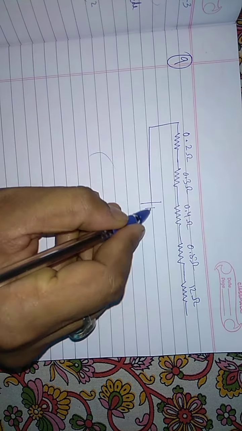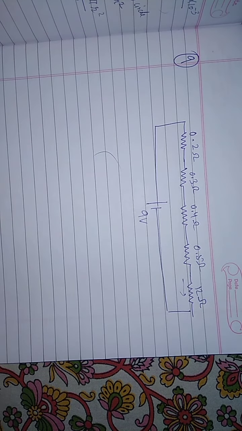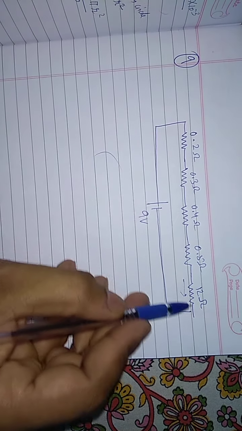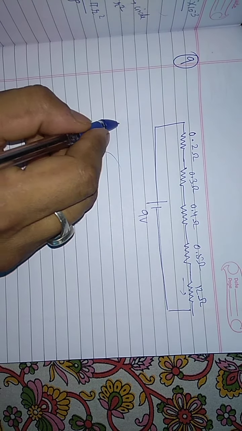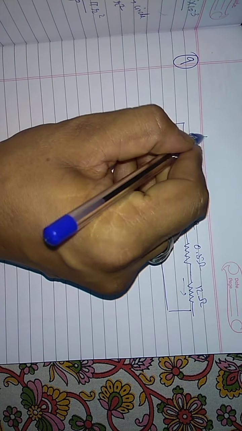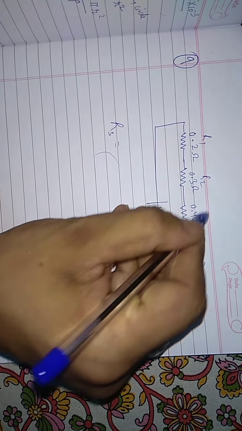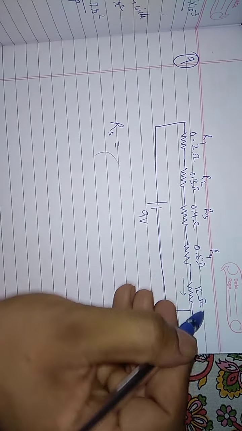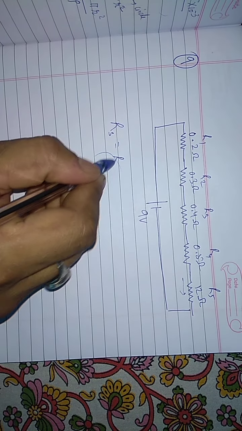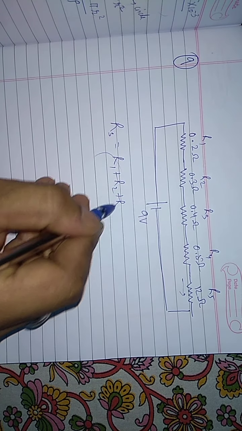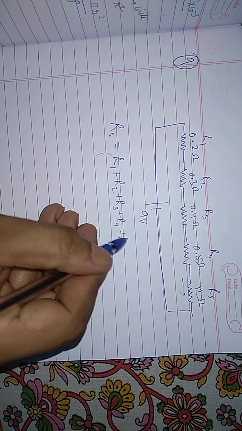We have to find how much current would flow through the 12 ohm resistor. What is the value of current which is flowing in the 12 ohm resistor? So what is the total resistance? This is the series combination. So Rs, let these be R1, R2, R3, R4 and R5, will be equal to R1 plus R2 plus R3 plus R4 plus R5.